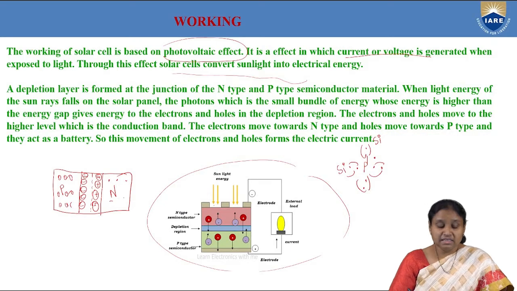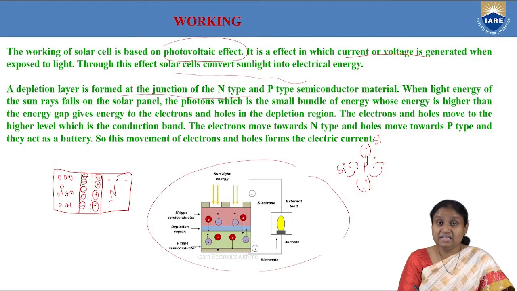So as we can see, a depletion layer is formed at the junction of n-type and p-type semiconductors. As you can make out, this is our depletion layer.